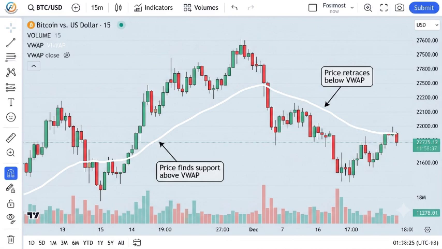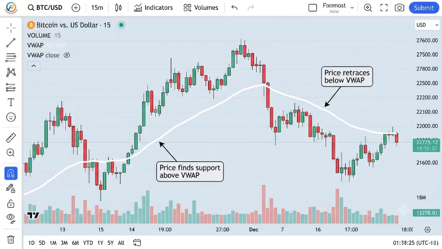VWAP weighs every price by the volume at that price. It shows you the average price where the real money moved, not where price wandered, not where retail traders clicked buy, but where institutions actually executed their orders.